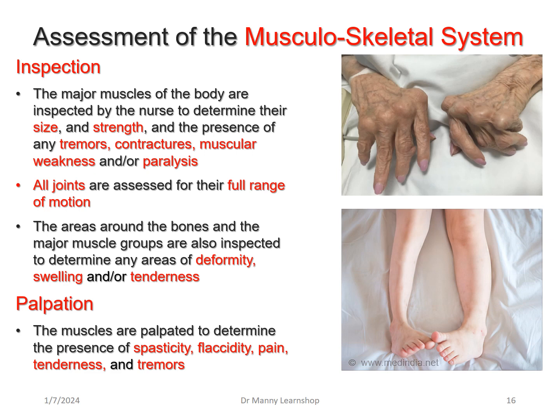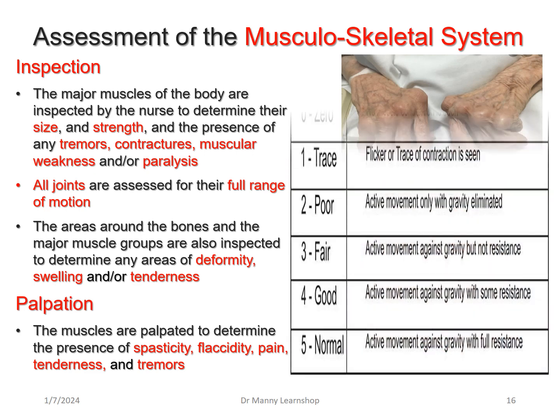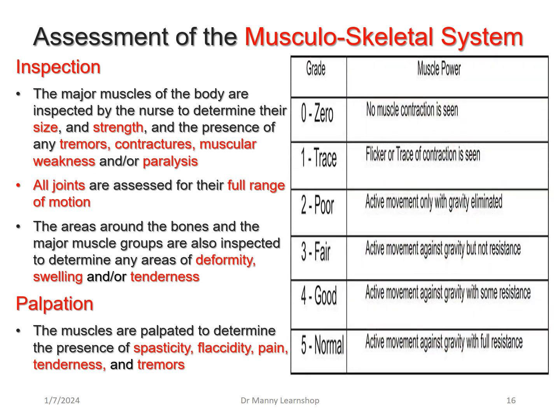Here, it looks like pigeon toes or some form of talipes. Not normal. When it comes to the musculoskeletal system, you can assess muscle power, grade 0, no muscle contraction seen, 5, normal. Active movement against gravity with full resistance.